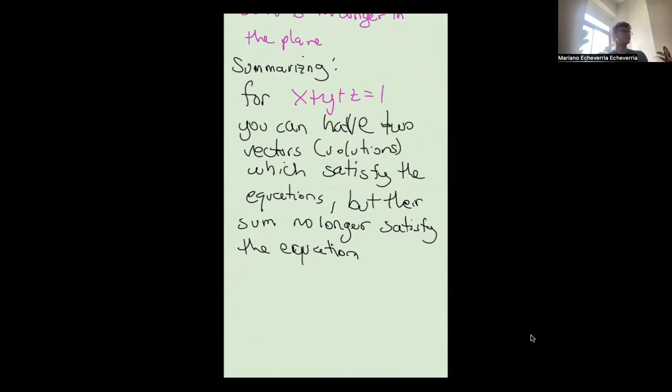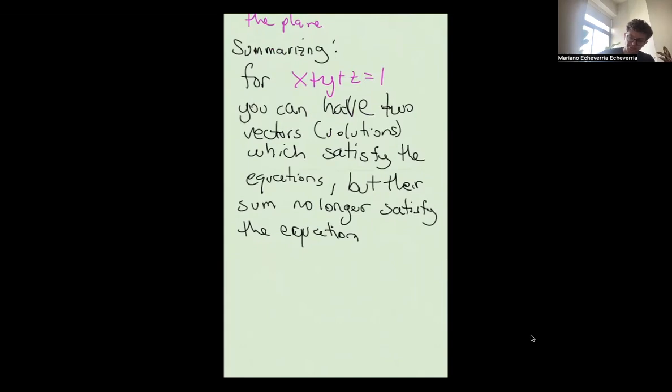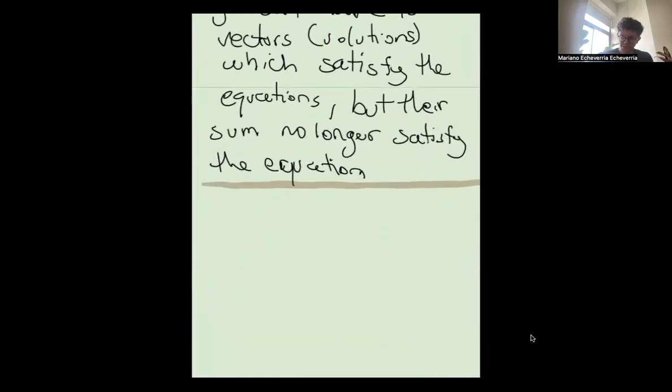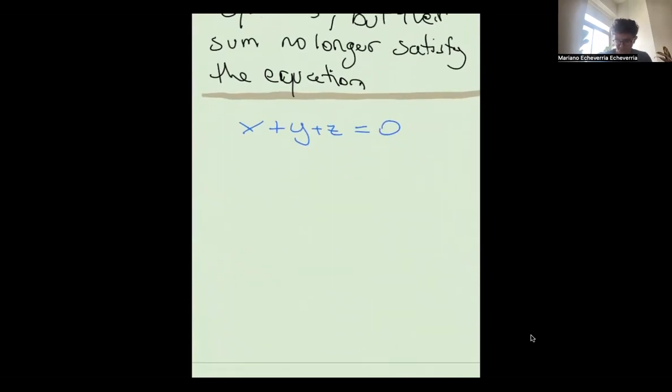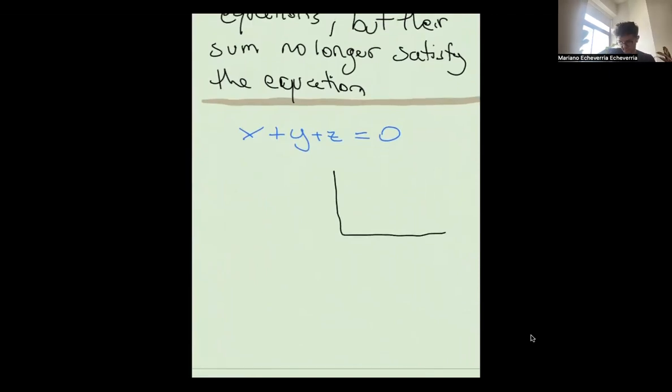But the question is, what happens in the case of the other plane? So let's go now to the second plane. Now let's look at the plane x plus y plus c equals 0. This one is also easier to draw. We can draw it like this.